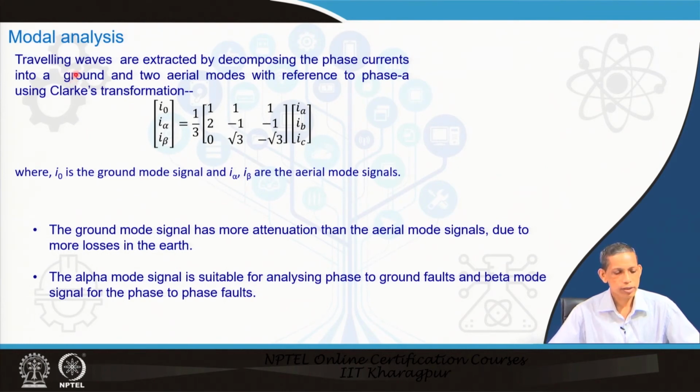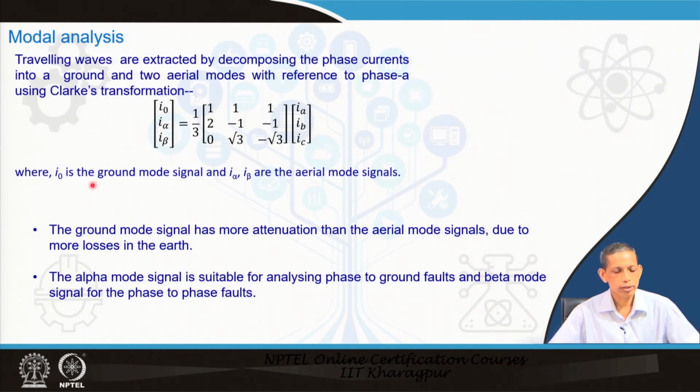The travelling waves are extracted by decomposing the phase currents into ground and two aerial modes with reference to phase A using the Clark transformation. We apply the Clark transformation to get the aerial modes, I alpha and I beta, and I naught for the ground mode. This is the transformation matrix for the phase currents I A, I B, I C. Considering phase A as reference, we get 3 components I naught, I alpha, I beta.